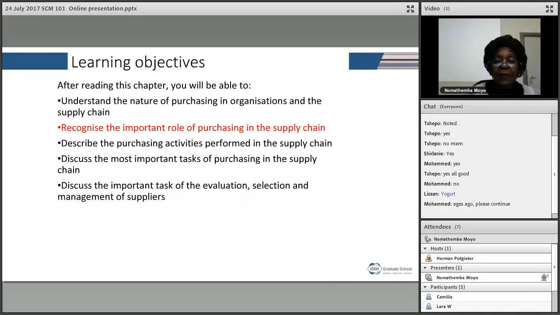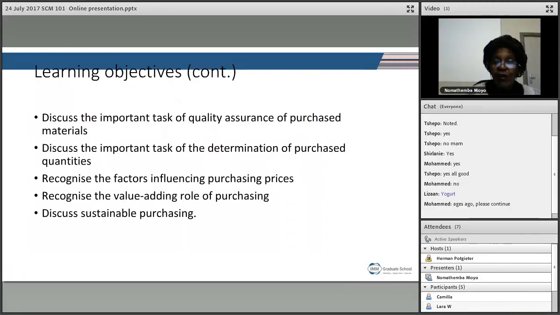Then there is describe the purchasing activities performed in the supply chain. Discuss the most important tasks of the purchasing in the supply chain. Discuss the important task of the evaluation, selection, and management of supply chains. Discuss the important task of quality assurance of purchased materials.